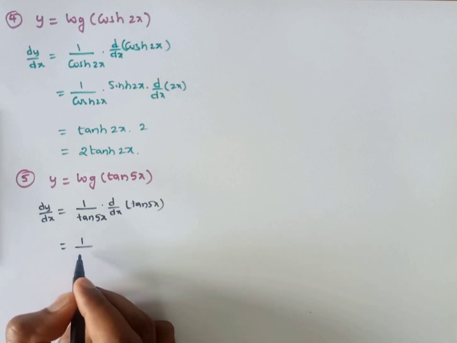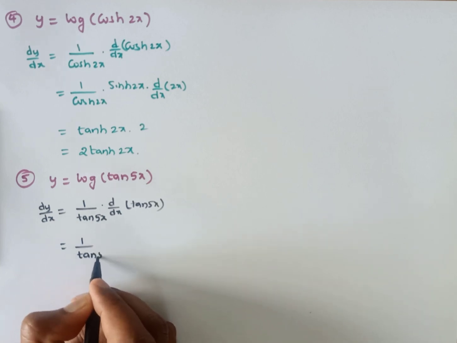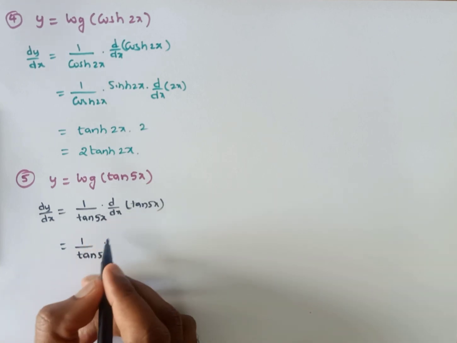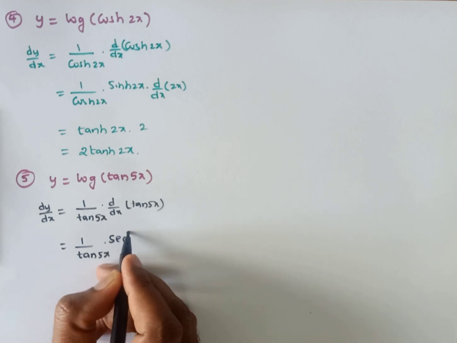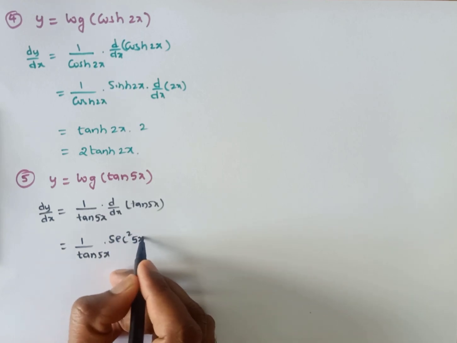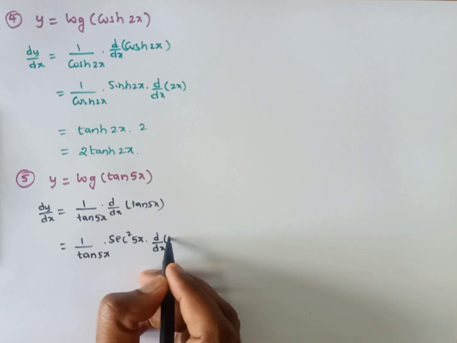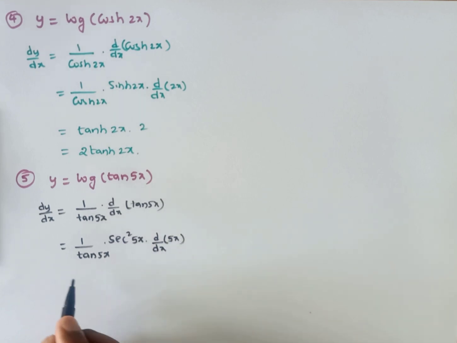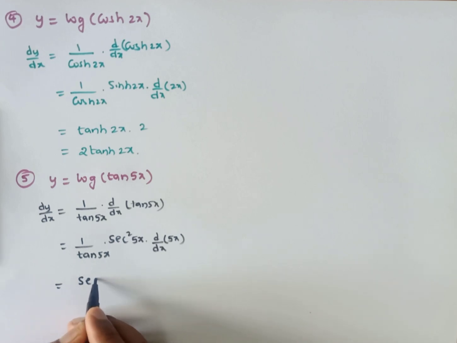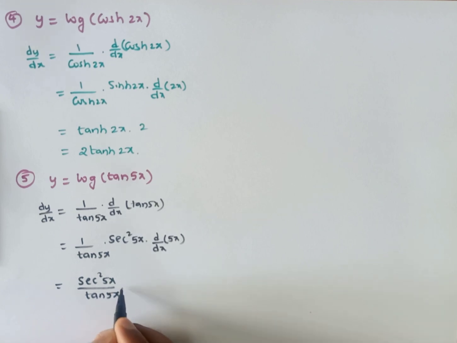Now 1 divided by tan 5x into the derivative of tan x, which is secant square x, but instead of x, 5x is there, so into the inner function d by dx of 5x. So secant square 5x by tan 5x into the derivative of 5x, which is 5.